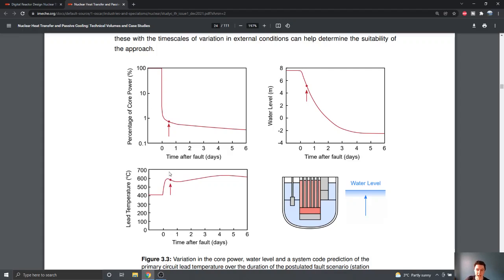We've got a really hot lead pool because the pump has spooled down, but the water level has started to drop. You can imagine the water level may be halfway down the outside of the reactor. And the reason this condition is interesting is because the rate of cooling above the water level is going to be a lot lower than below the water level.